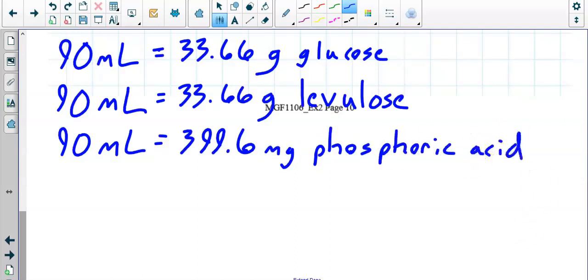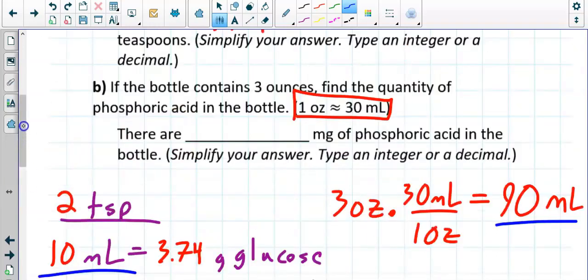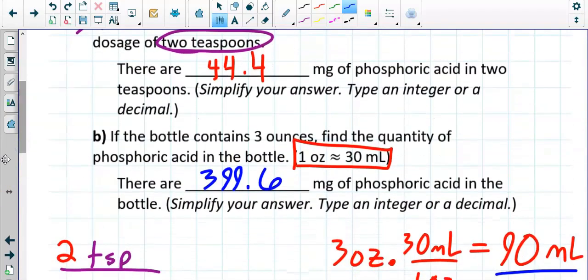This is all about multiplying the recipe by 9 to make it a little bit bigger. So if we look up at our blank, what do we want? Again, we want to know about phosphoric. So that would be the 399.6 milligrams.